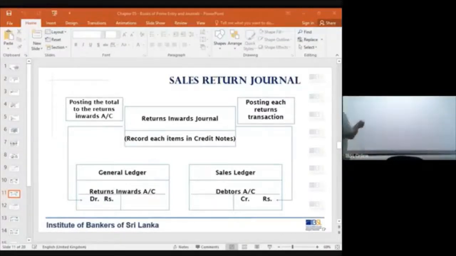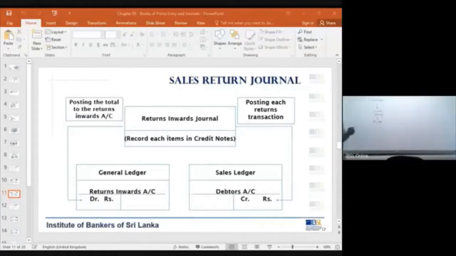So let's say there is a credit sale for 10 units at the rate of 150 rupees. Okay, so the total is 1,500.